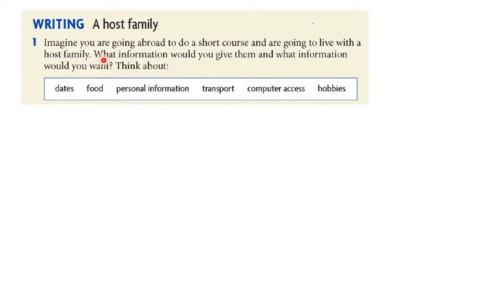For this, we need to give them some information, and also we need to know information from them. What are the types of this information? It may relate to dates, food, personal information, transport, computer access, or hobbies. Let's start with dates.